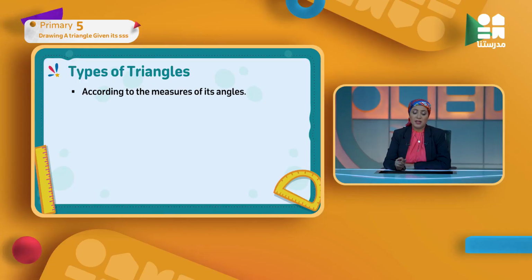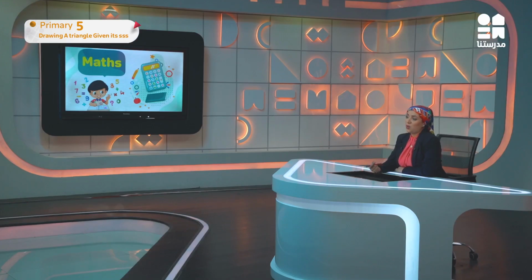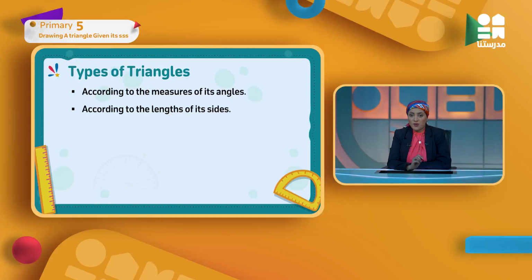We took before that triangles according to their angles can be acute, obtuse, or right-angled triangles, or according to the length of their sides, they can be scalene, isosceles, or equilateral. Now I want first to remind you that for the angles we use the protractor to measure, while for the length of the sides we use the ruler to measure.